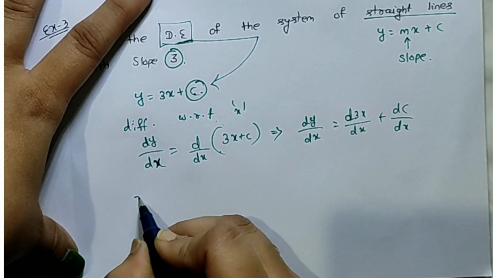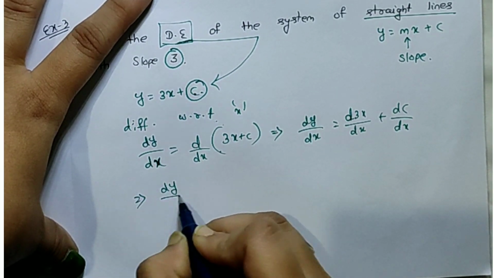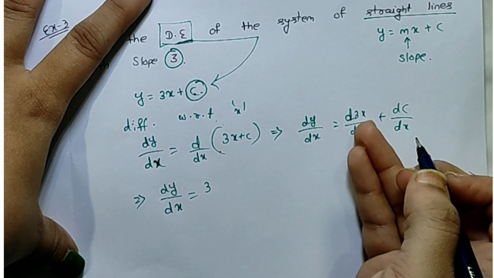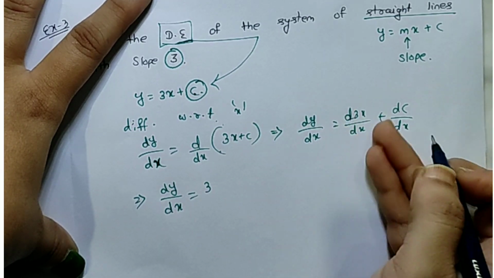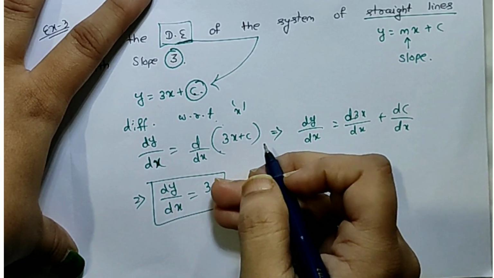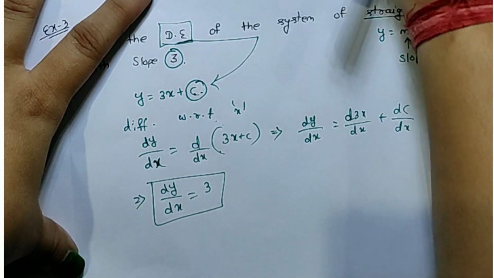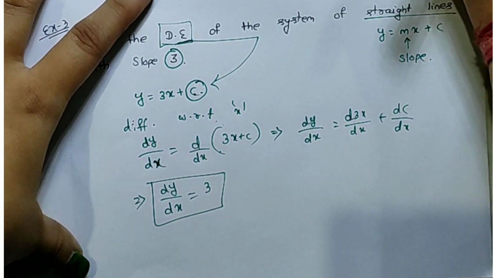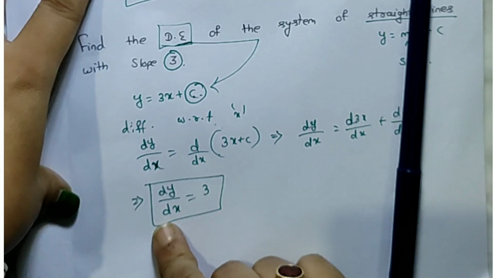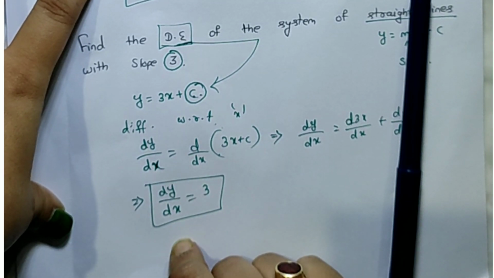Which implies dy by dx is equal to 3, as 3 is a constant and can be taken out; dx by dx is 1. Now there is no arbitrary constant, so we can say this is the differential equation. This is the formation of a differential equation. Clear?